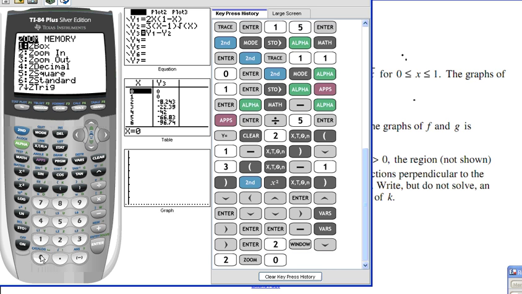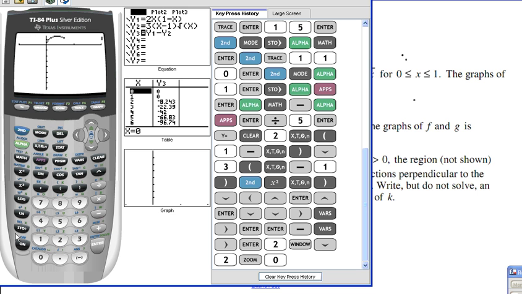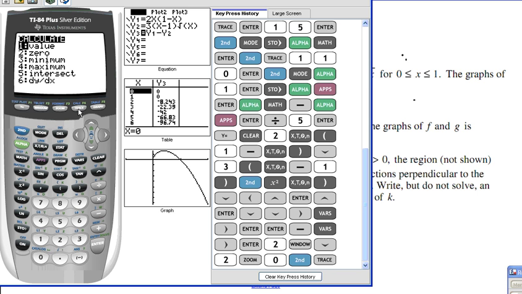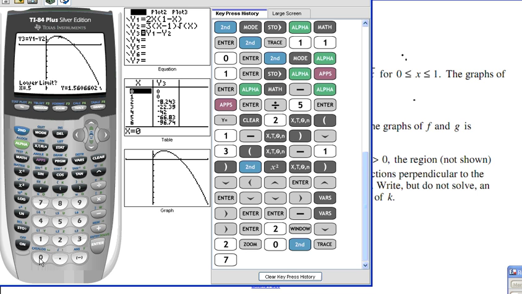And zoom fit 0. All right, there it goes. Now, then we need to find this area. Second calc. Number 7 integral. Lower limit was 0. Upper limit was equal to 1. And there it goes.